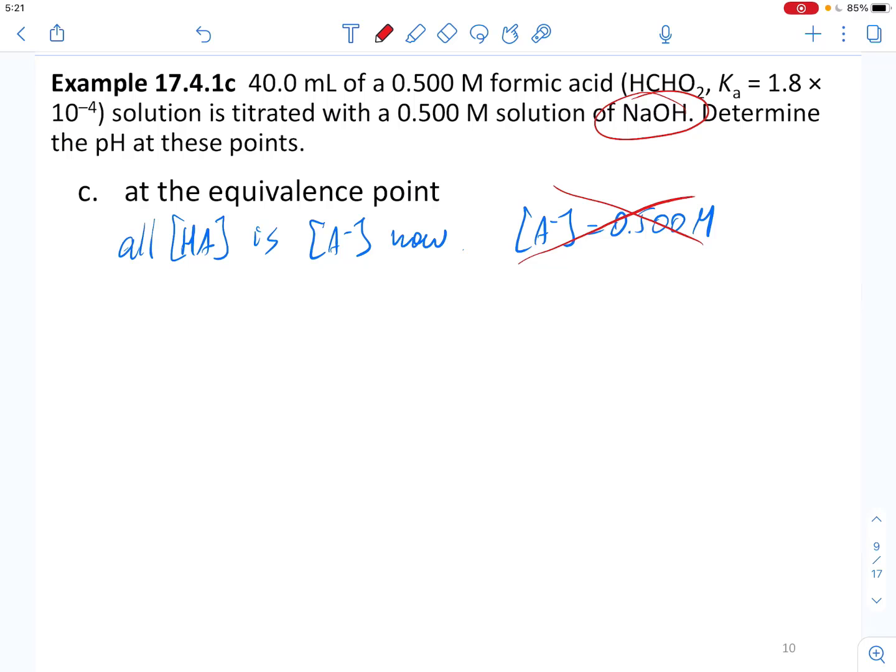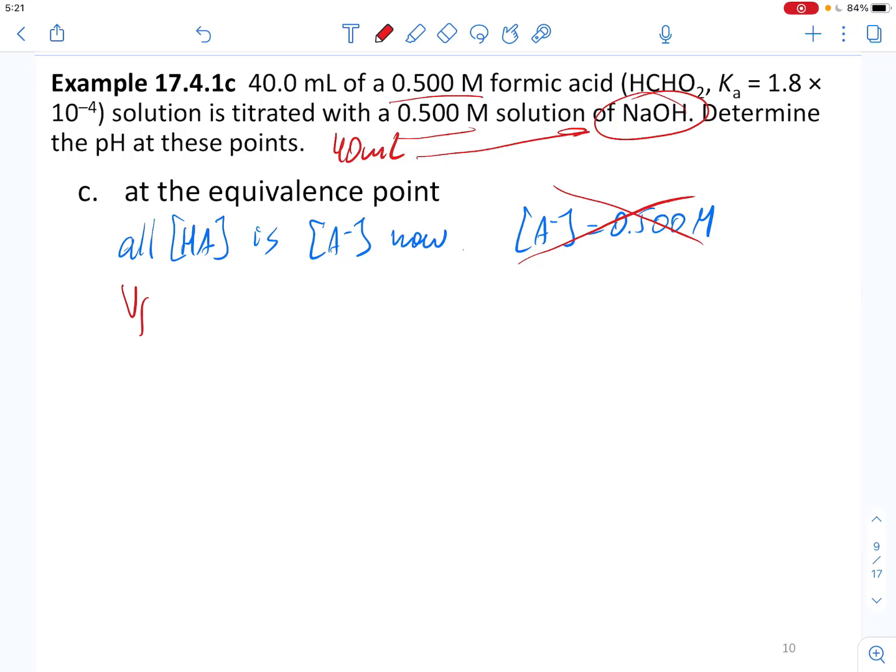How much did you add? The concentrations are the same, so you have to add 40 milliliters of sodium hydroxide to reach equivalence. If you have the same concentration, you need the same volume to provide the same number of moles.